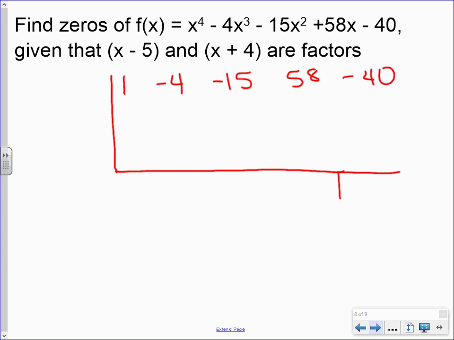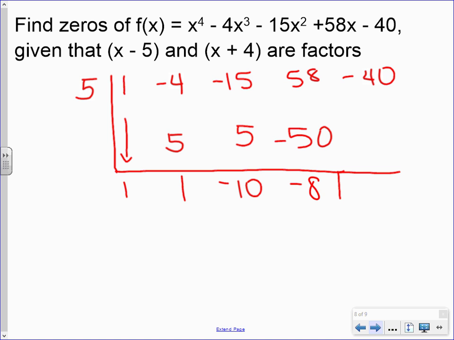Okay. So let's start with x minus 5. It should be a factor. 1 times 5, add to get 1. 1 times 5, add to get -10. -10 times 5, add to get -8.